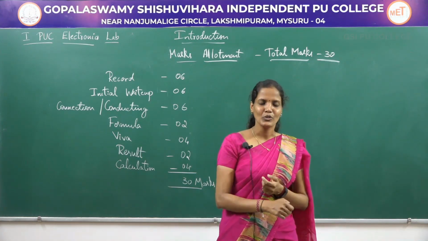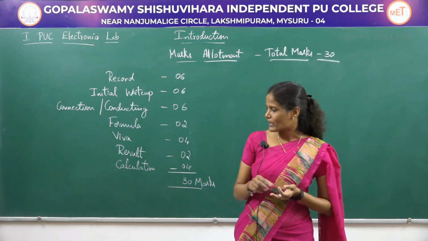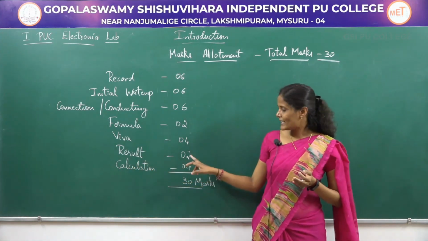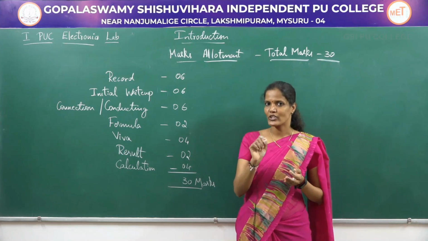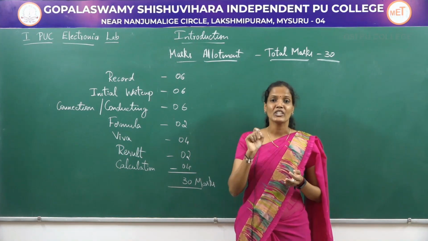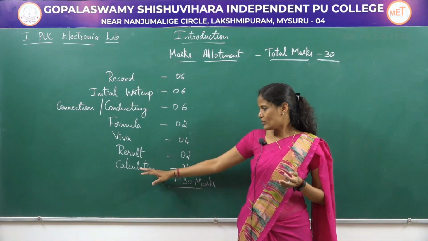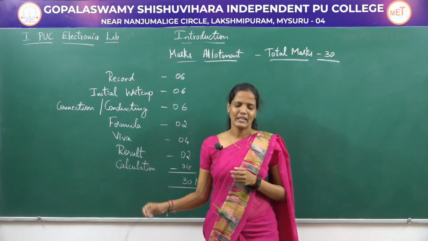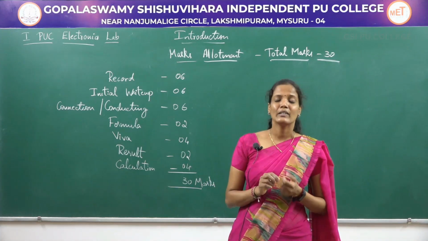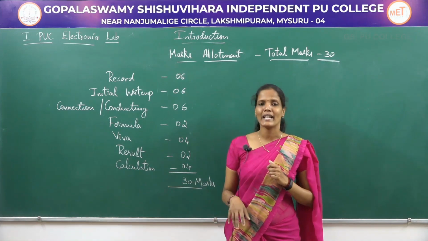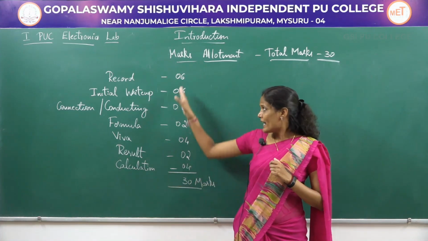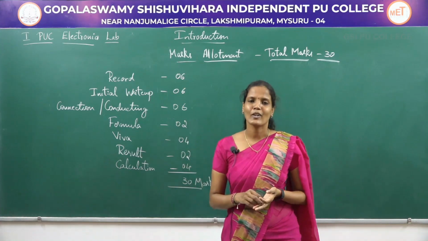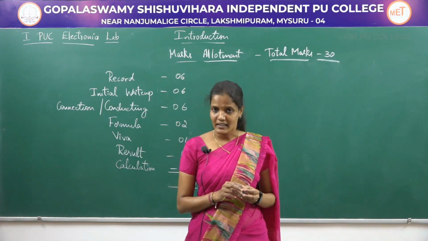If you are not writing the units, then you are going to lose marks. So result will also carry 2 marks, where we are going to see whether you have clearly mentioned the units and all those things. Coming to the last one, that is the calculation. In each and every experiment there will be a calculation part, and that will also carry a separate 4 marks, and totally the marks allotted for a practical exam is 30.